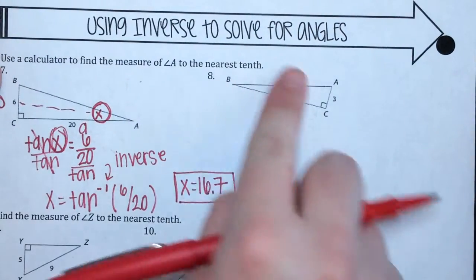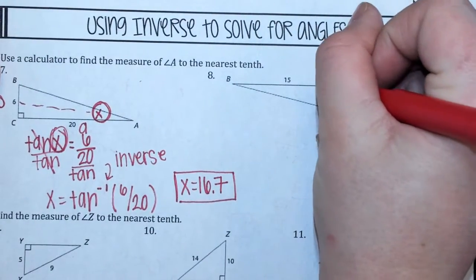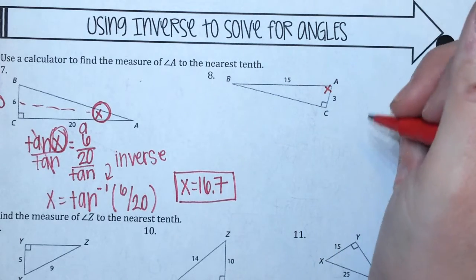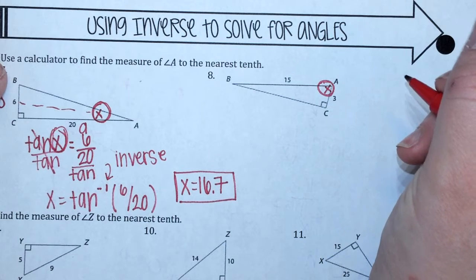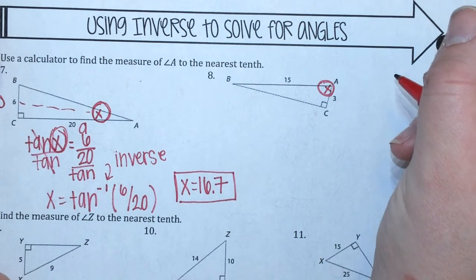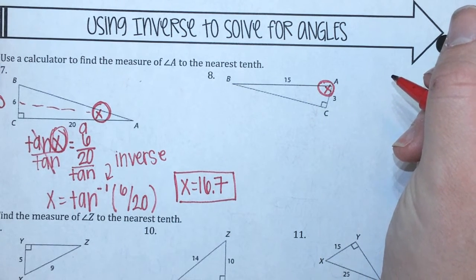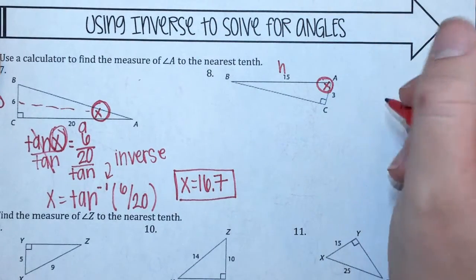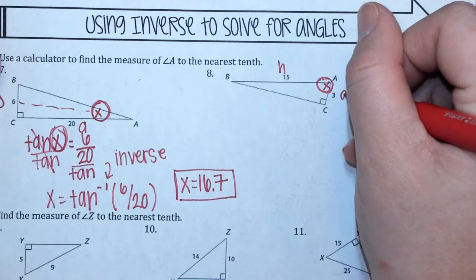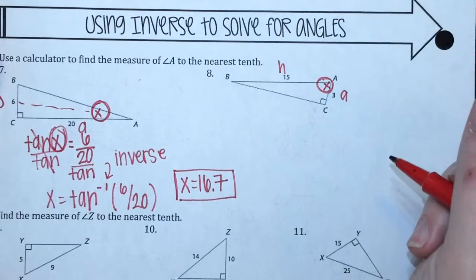So on number 8, let's solve for angle A again. So we put X at angle A, and I'm going to circle the angle X. Well, what is 15? A, H, or O? And so 3 is going to be A. So it's cosine.